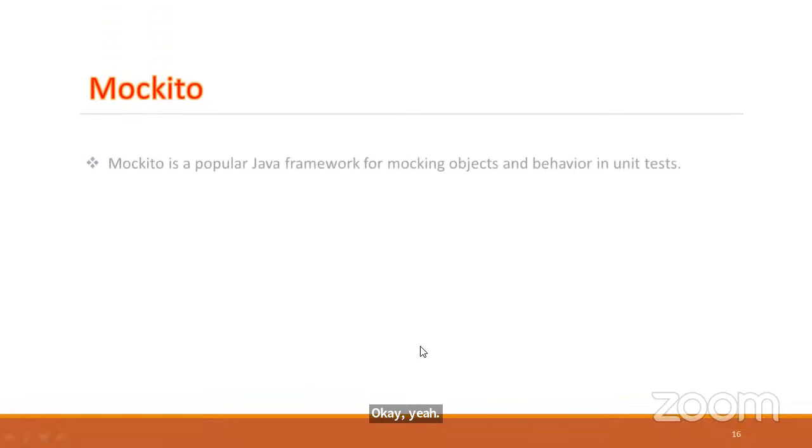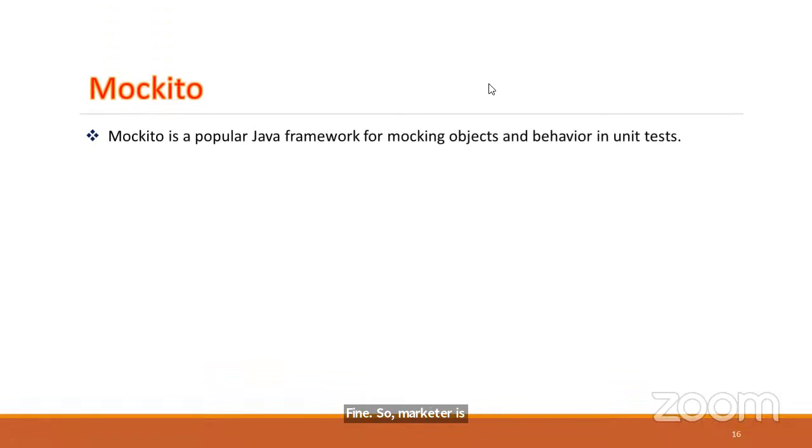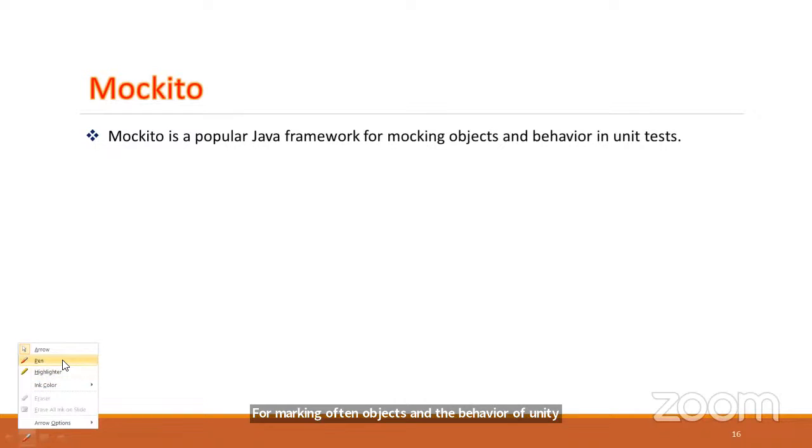Fine. Mockito is one of the popular Java frameworks for mocking objects and behavior in unit testing. What do you mean by mocking? Mocking is nothing but a duplicate object of an original object. Simple. It's a kind of proxy, sir.